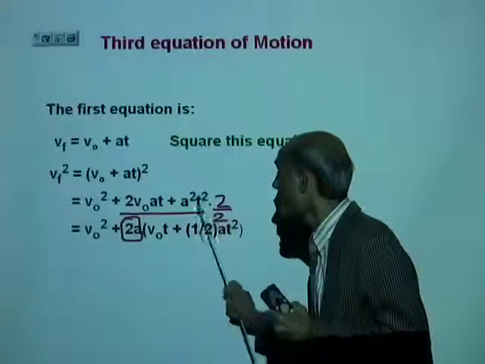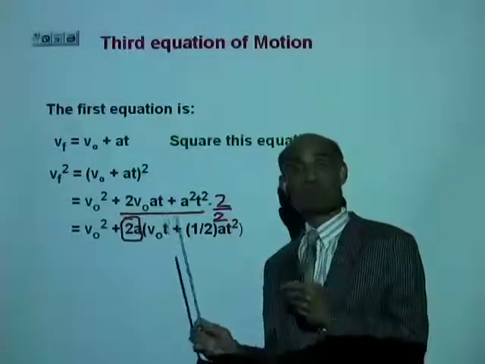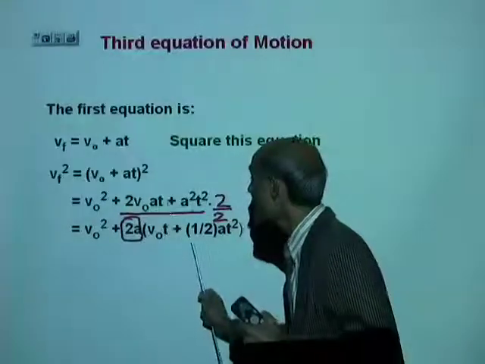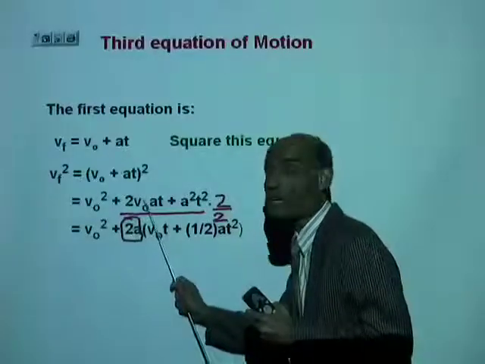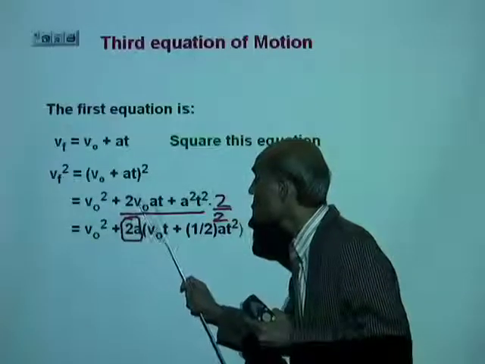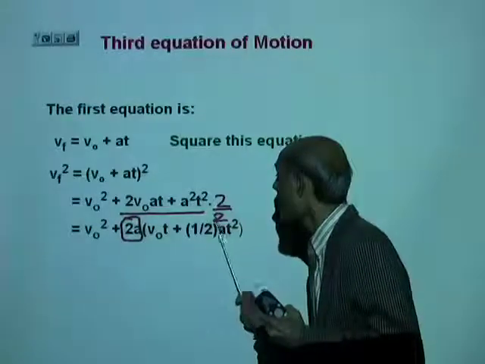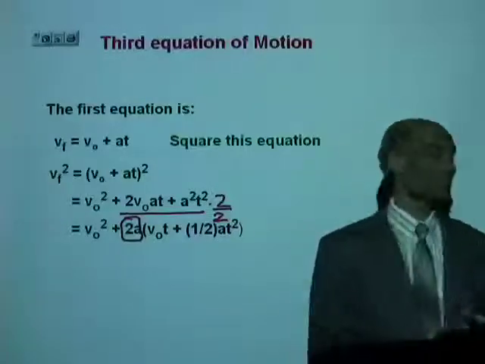That will be a 1/2 AT squared. Now, how beautifully we produce that quantity. When 2A is factored out from these two terms, what is left is V0t in here plus 1/2 AT squared in the next term.